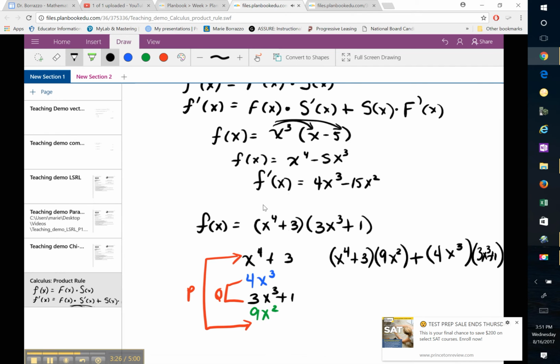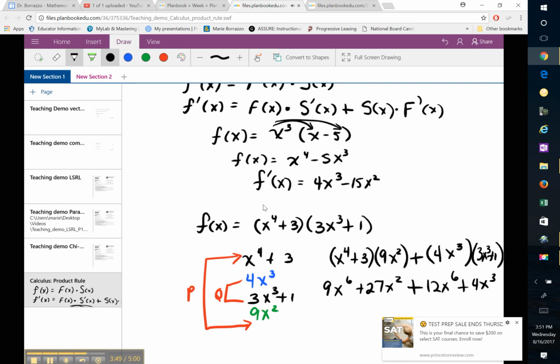And now I go ahead and distribute this. This is going to give me 9x to the 6th plus 27x squared, plus, and if I distribute this, I'm going to get 12x to the 6th plus 3x cubed, and then obviously positive 4x to the third.